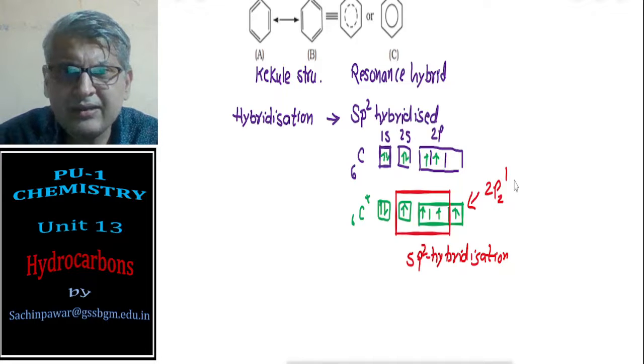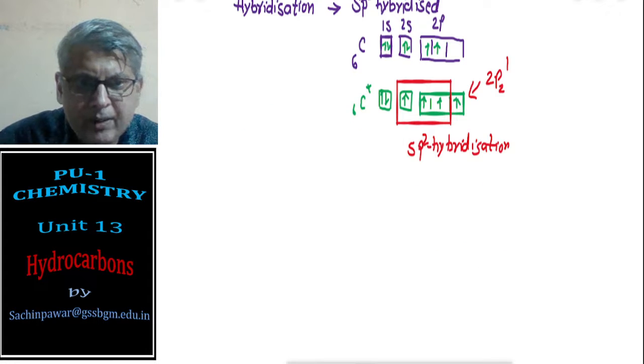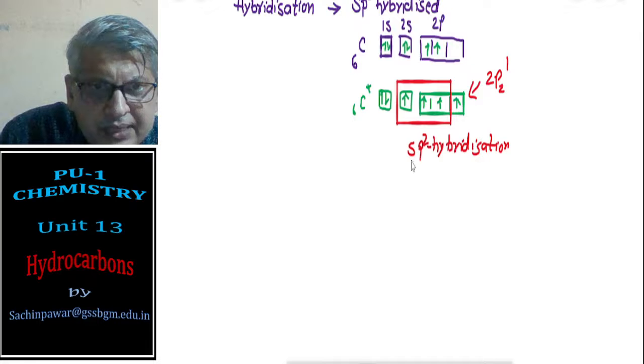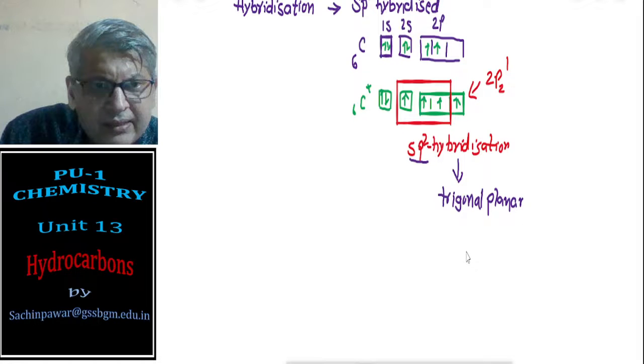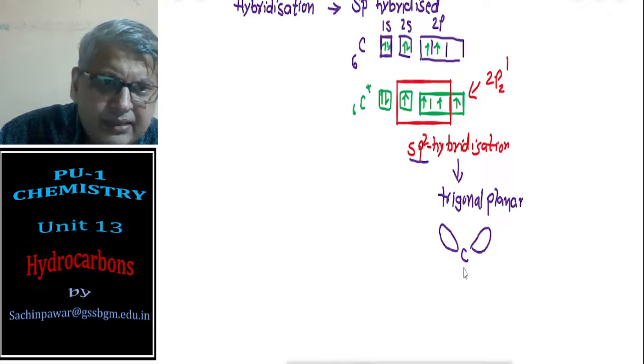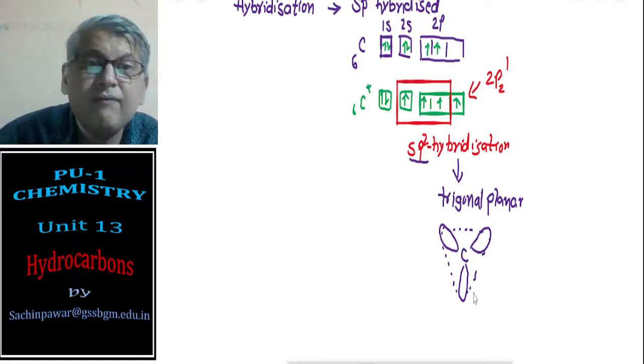Now let us try to arrive at the Kekule structures. Every carbon atom is sp2 hybridized, meaning the structure is trigonal planar, and there will be three sp2 hybrid orbitals which are trigonal planar, as you have learnt in chemical bonding.